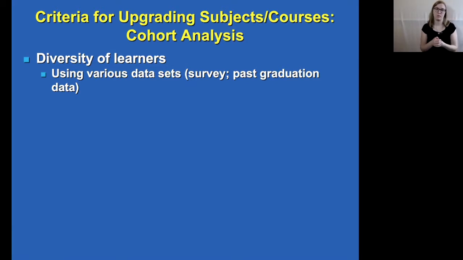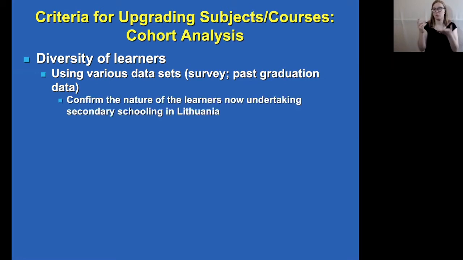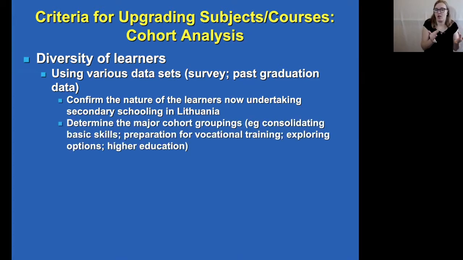Does it range from students that still haven't acquired some of the fundamentals from basic education, up to students that are highly gifted and talented and effectively could be doing university courses? They're that advanced. So what does the data tell you?